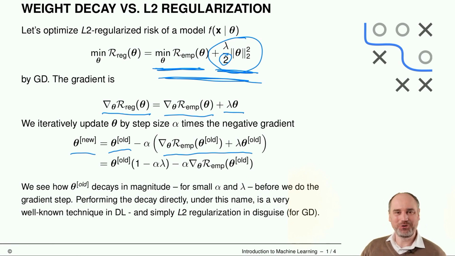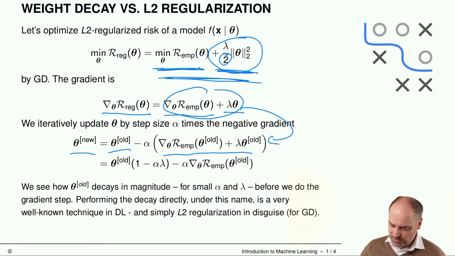I don't mean in the sense of machine learning, but what we have learned as students about the structure of the gradient. So we just copy in our result from before in here. And now we just rewrite this ever so slightly. We just distribute terms a little bit because there's also a theta old in here, and we combine that with that guy. It's theta old now times 1 minus alpha times lambda minus alpha times nabla Rm.